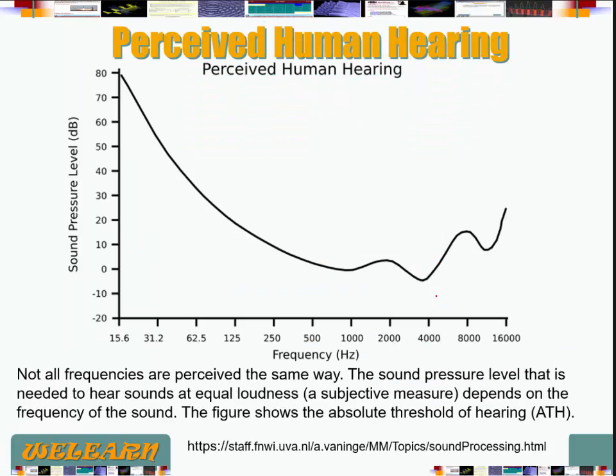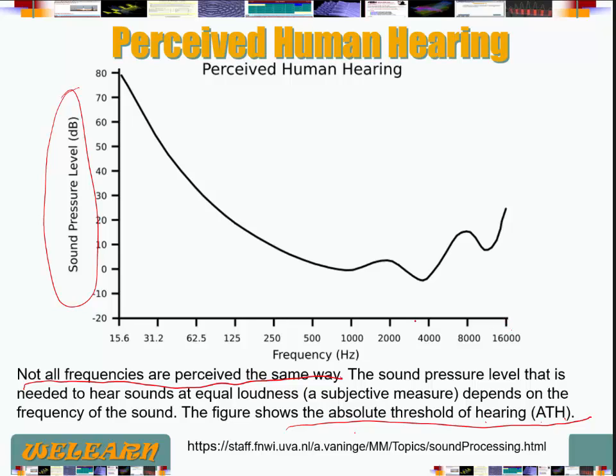However, the story is not very simple. Not all frequencies are perceived the same way by the ear. In this case, we have what's called the absolute threshold of hearing, ATH. It is showing us the dB level that we can perceive at various frequencies.